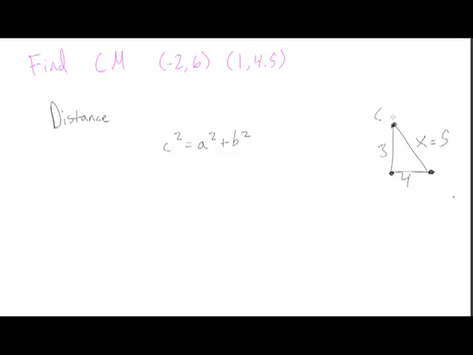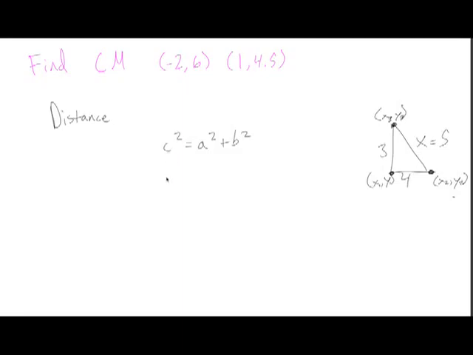So we're given some coordinate (x, y), and then some other coordinate (x, y). I need to find the distance using the coordinates, so we have to change this formula a little bit.